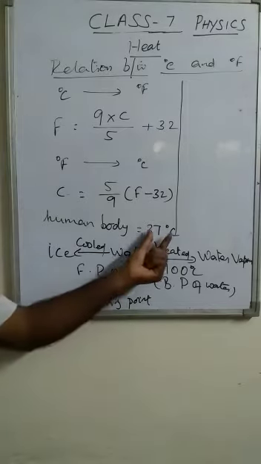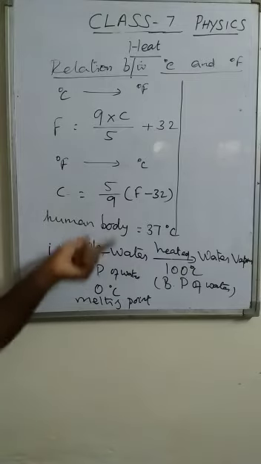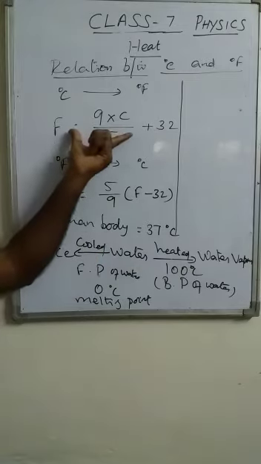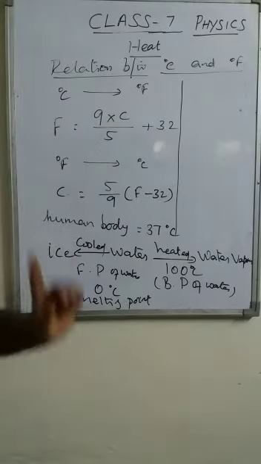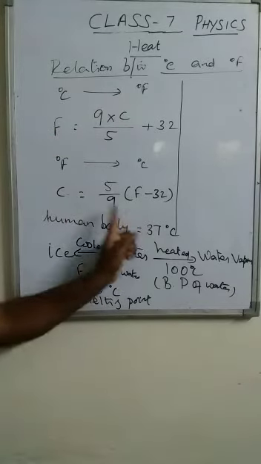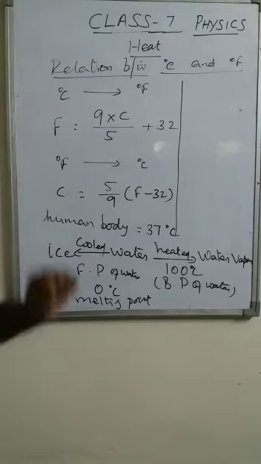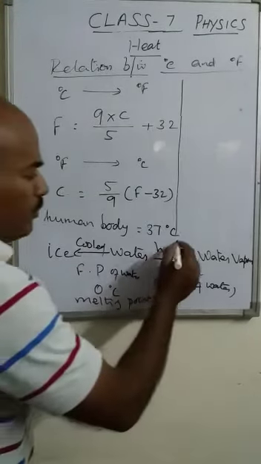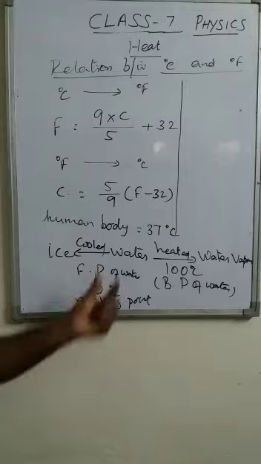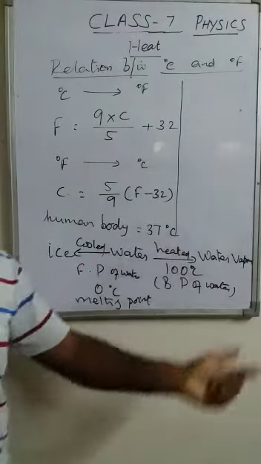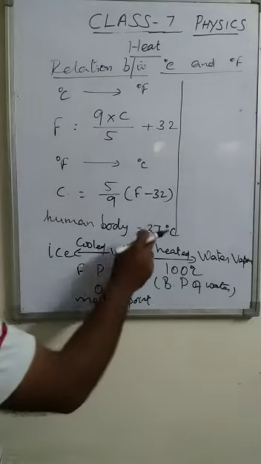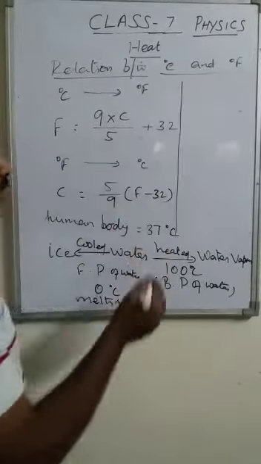For this, we can use the formula. One is used to change from degree Celsius to Fahrenheit, and the other is to change to degree Celsius from Fahrenheit. If we want to find out the human body temperature in Fahrenheit, the 37 degrees Celsius can be changed.